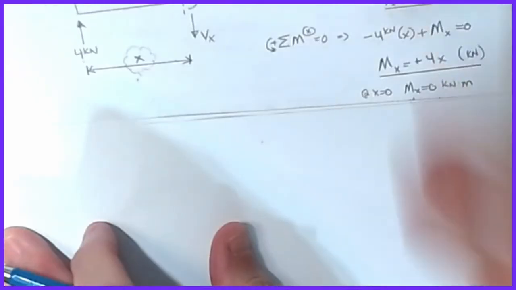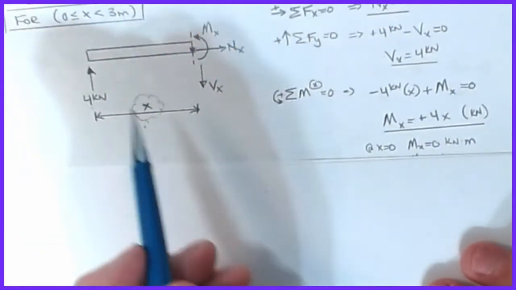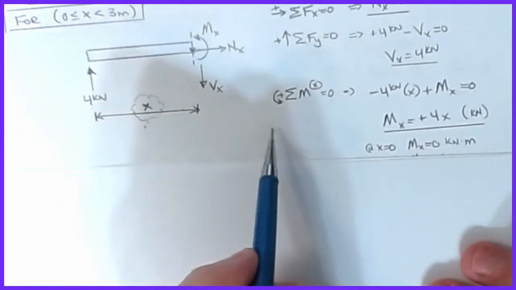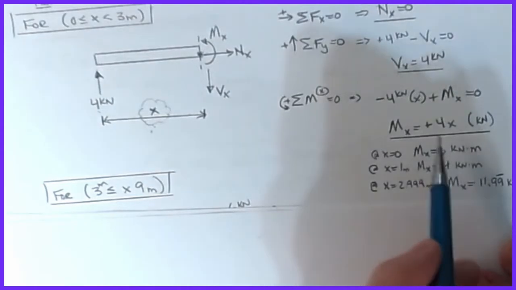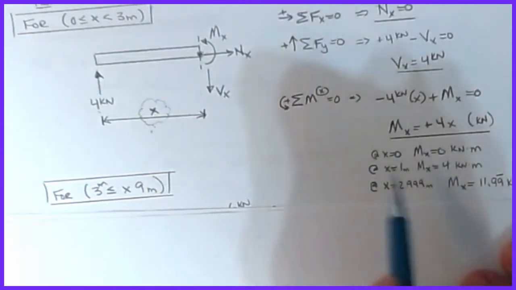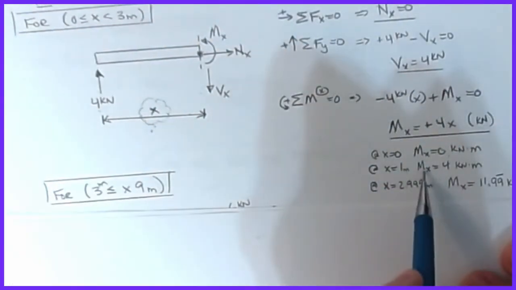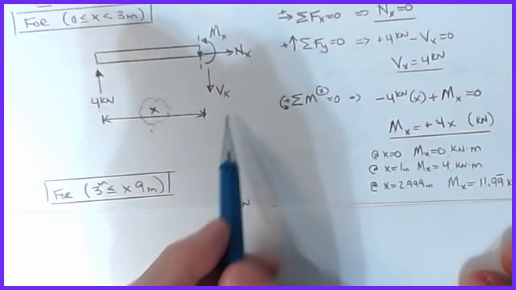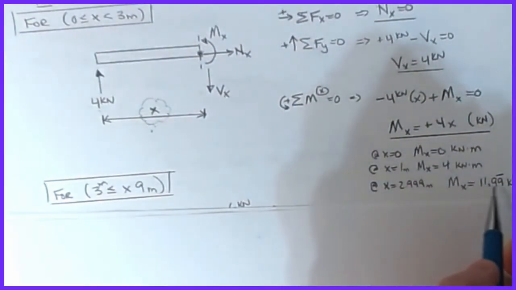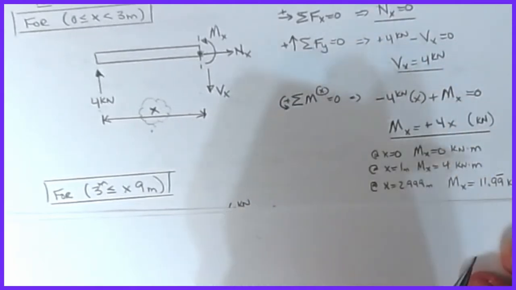So that's telling you that the moment within this first piece is changing with x. If I run a couple of cases, at x equal to 0, the moment is 0. I plug 0 in for x, that's a 0 value. If I pick a point at 1 meter, the moment is 4 kilonewton meters. If I go to 2.9999, then I'm basically getting a 12 kilonewton meter value at the location right before the point load.